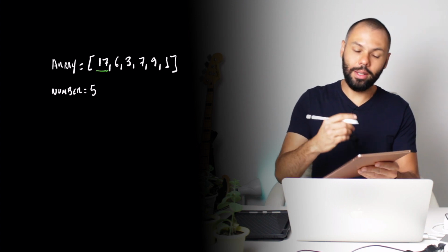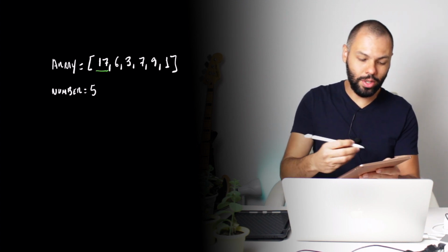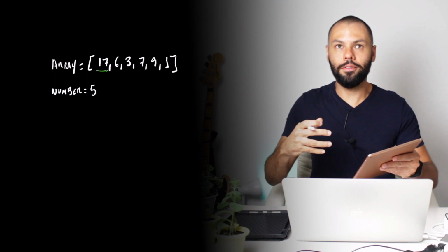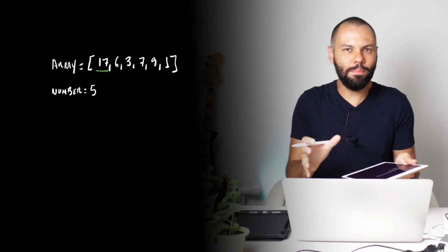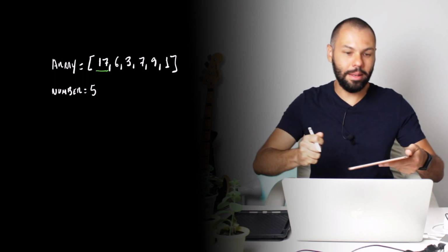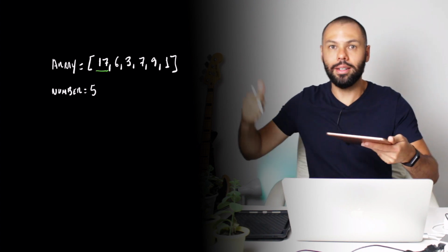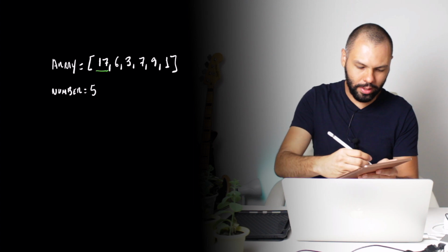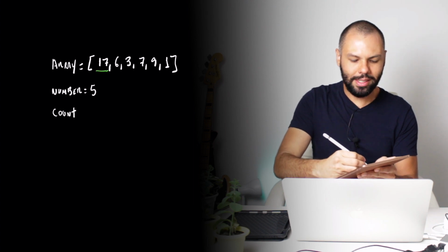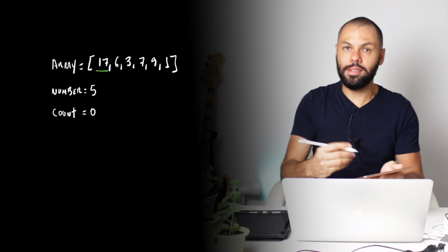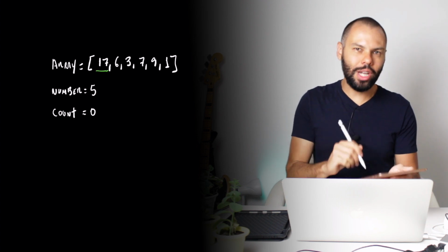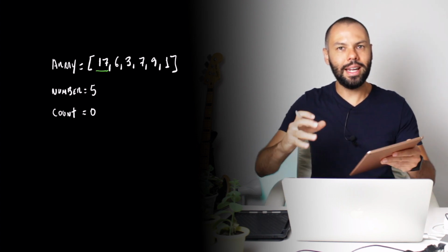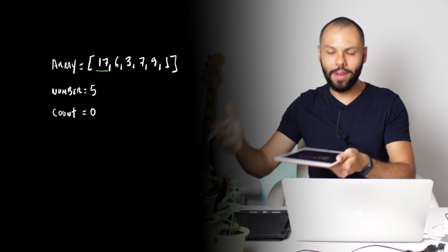So I can have a variable where I keep the number of items that I find greater than 5. I'm going to create this count variable that starts at 0, and I'm going to change it every time I have a number greater than 5.